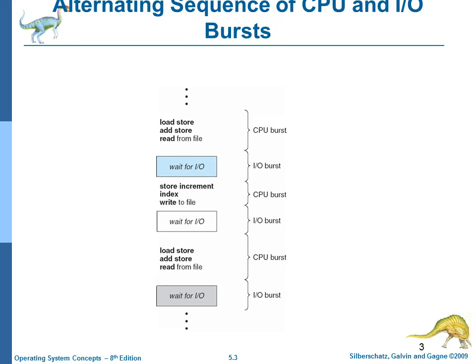CPU bursts vary from one process to another and from one program to another, but an extensive study shows a frequency pattern similar to that shown in the next figure, which I will show you in 1 minute.